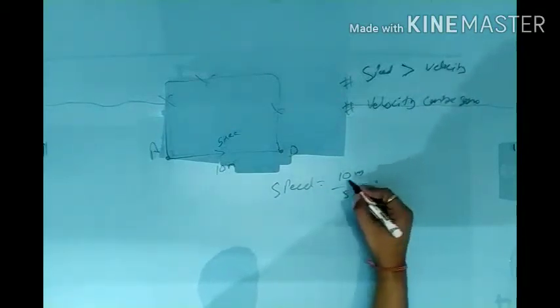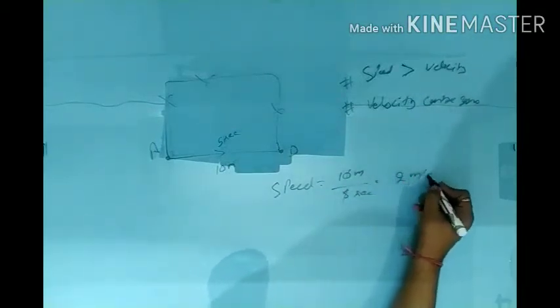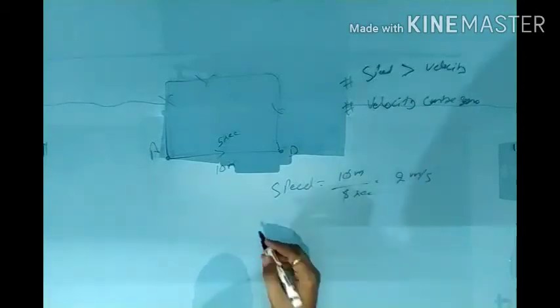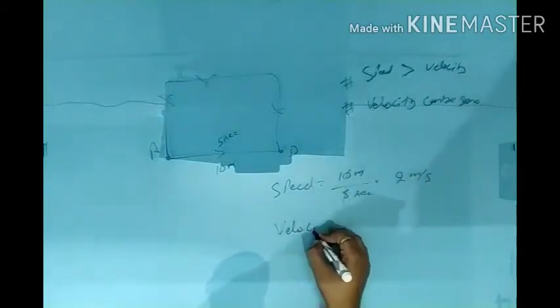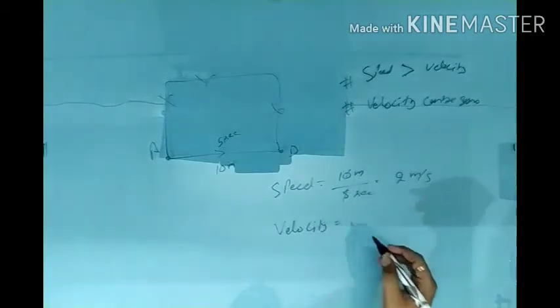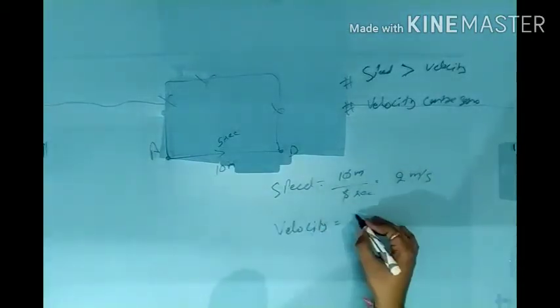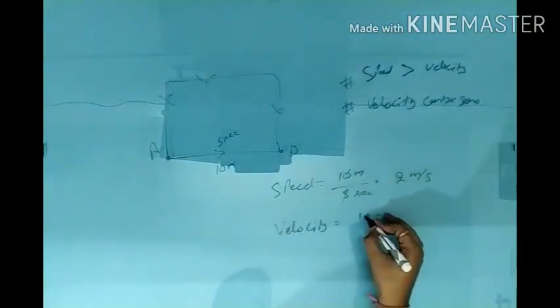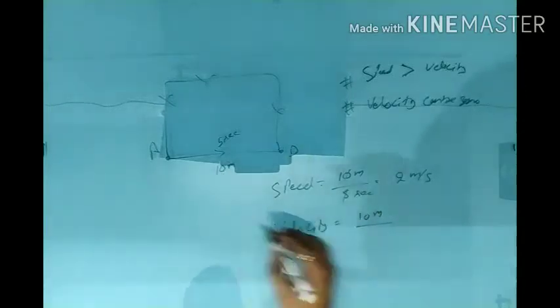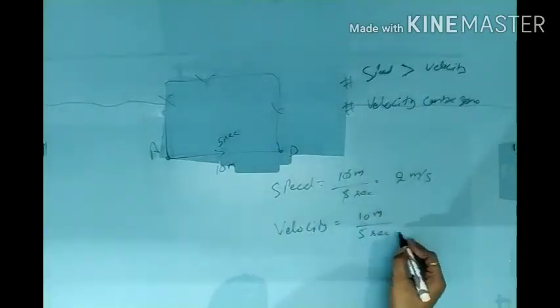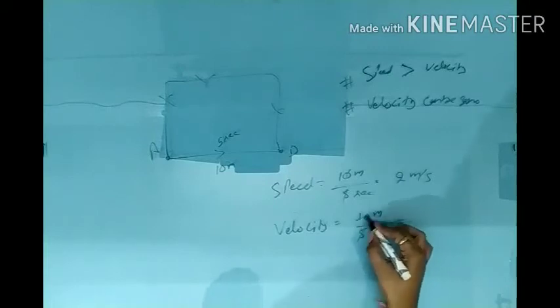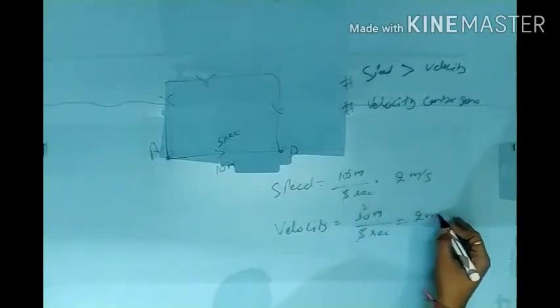It means it becomes 2 meter per second. Now we have to find the velocity. Again, in case of velocity, the distance is same and displacement is same. It is 10 meter and the time is same, 5 seconds, and it is equal to 2 meter per second.